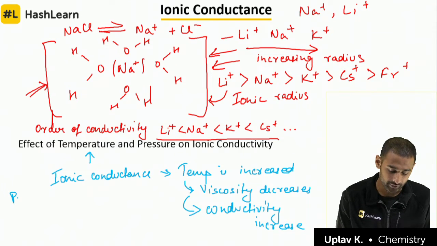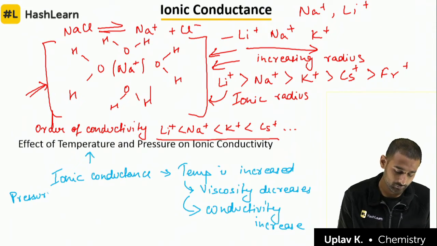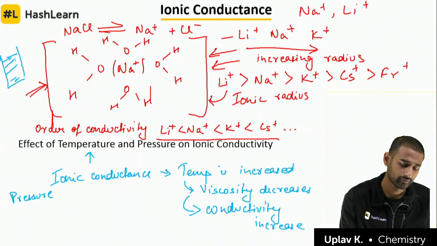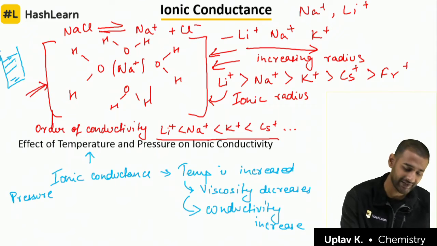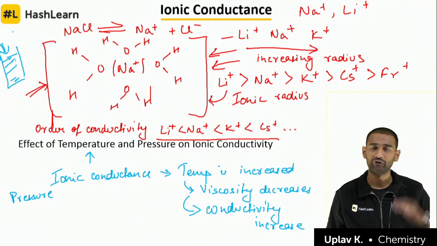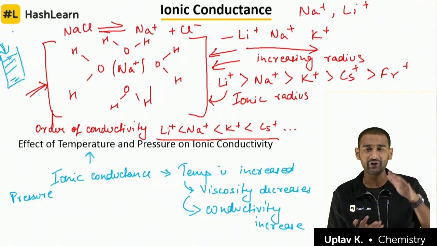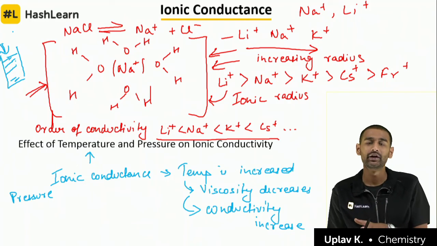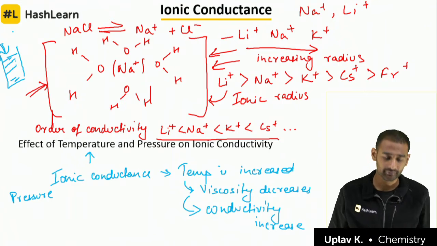Now what happens with pressure? Now suppose I have this solution here which has water in it. Okay. Now what happens, suppose I am pressing it from the top. Okay. Now when I am pressing it from the top, can I say that the different layers are rubbing against each other, right? Now if you press it, can I say that the viscosity will increase?